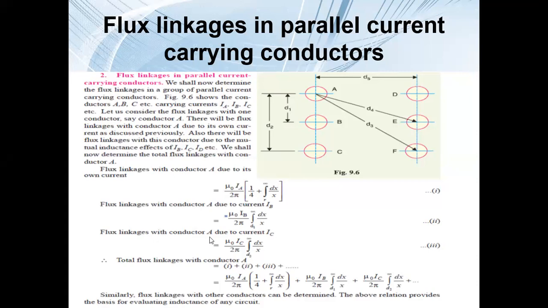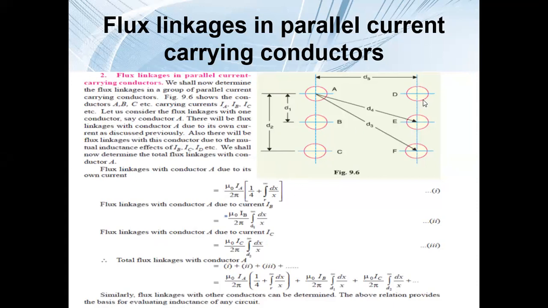Similarly, the flux linkage with conductor A due to current IC will only contribute towards the external flux linkage, not the internal. So it is mu naught into IC by 2 pi, with the limit of integration from D2 to infinity dx by x.